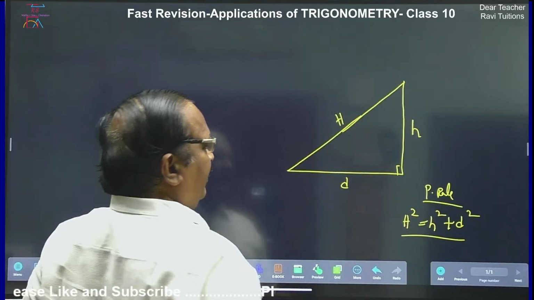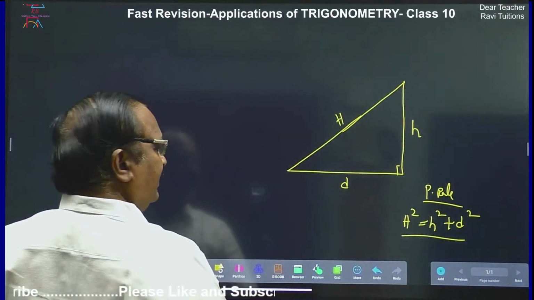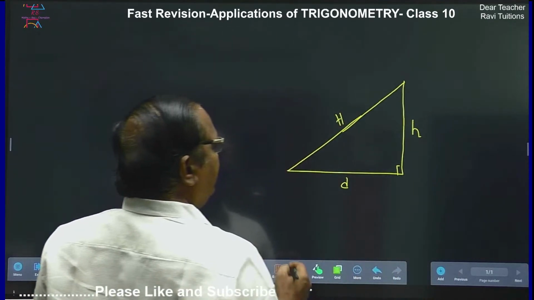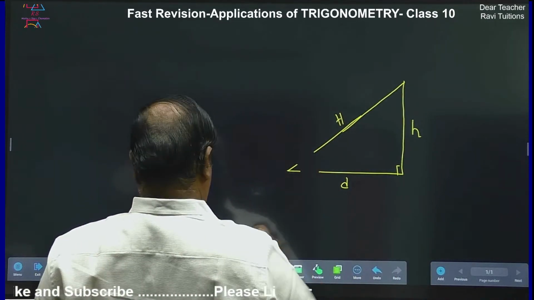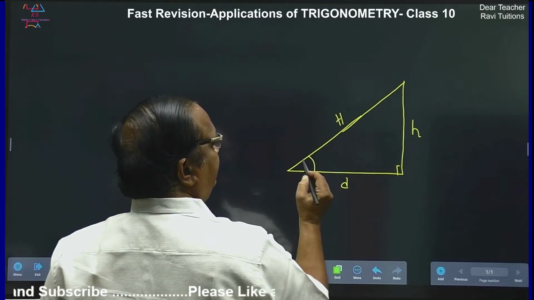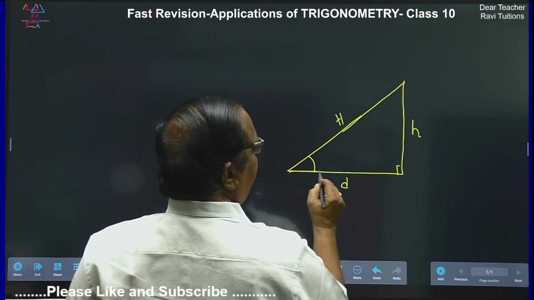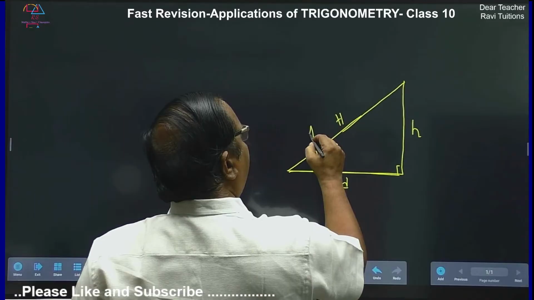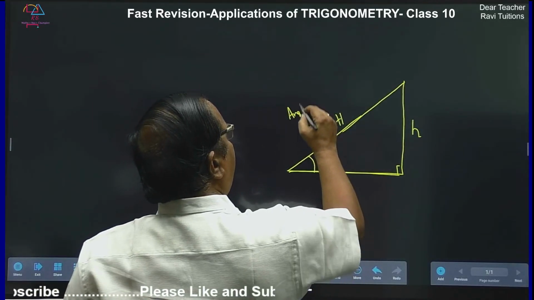So now let us go directly to the problem. Here we have an angle. This is one angle, which is above the horizontal. This is what we call the horizontal, and we call this angle the angle of elevation.